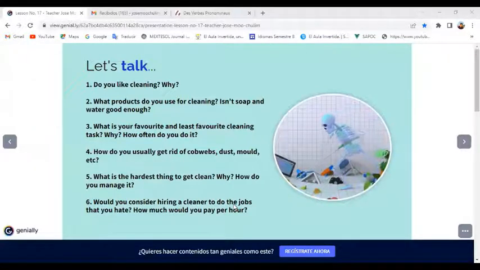Maybe the broom, is it called? Broom, escoba, yes. Broom, soap, jabón, ¿no? Soap. Soap or towels for cleaning.